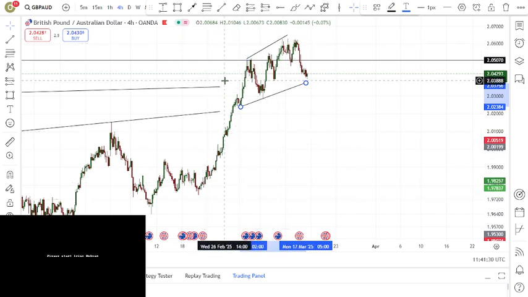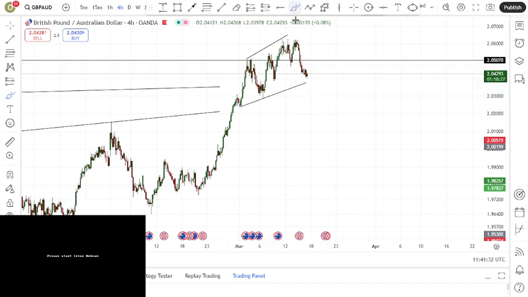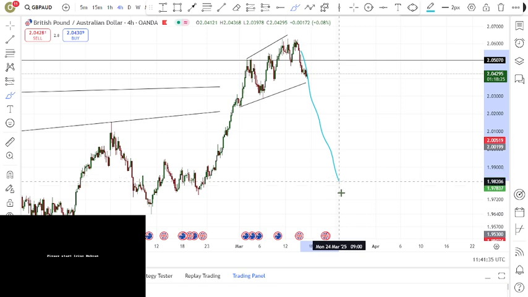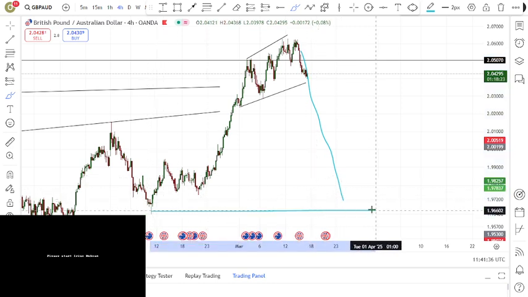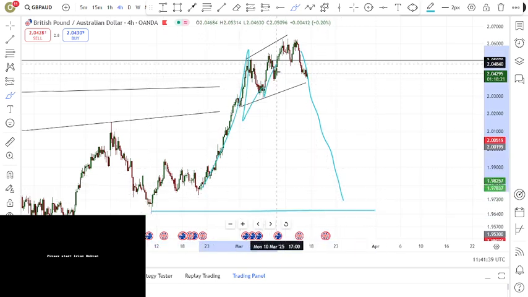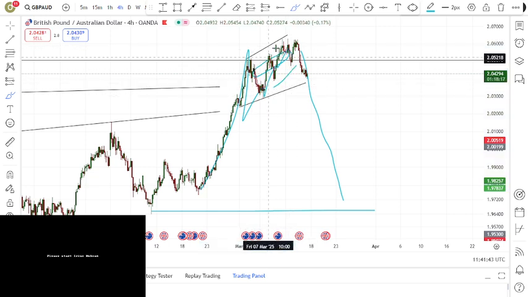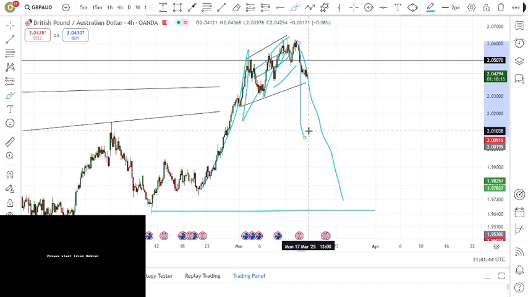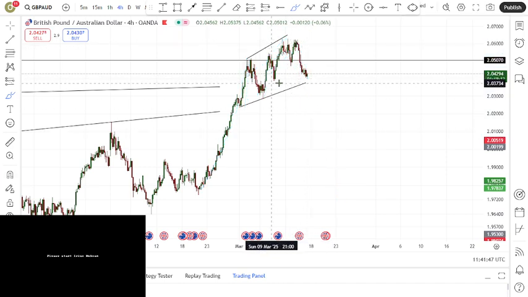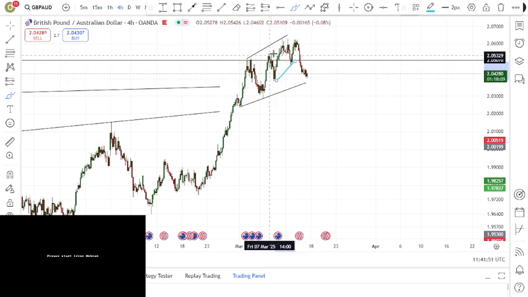It was impulse, correction. This is a reversal model. Price corrected to the upside to give us the structure. Even within the structure, everything was there.